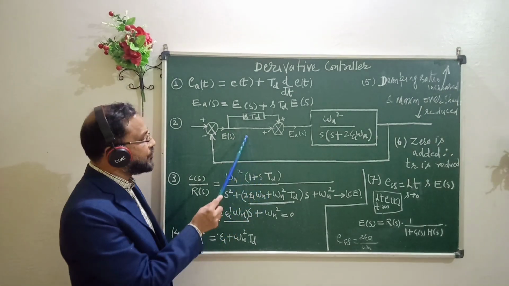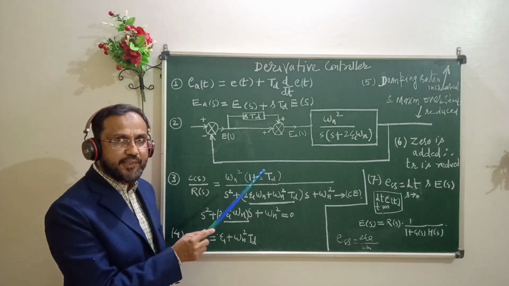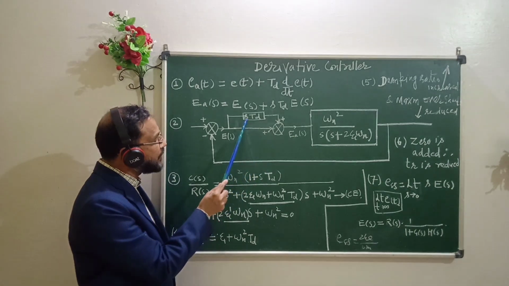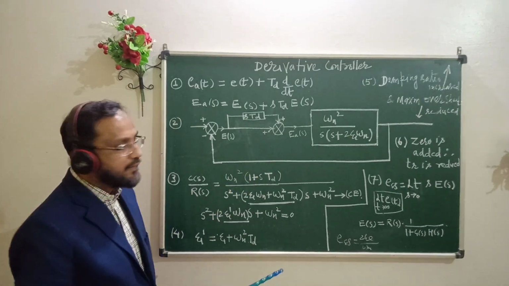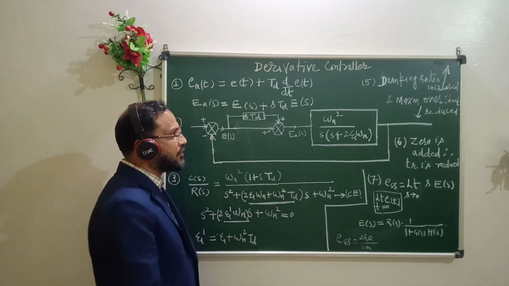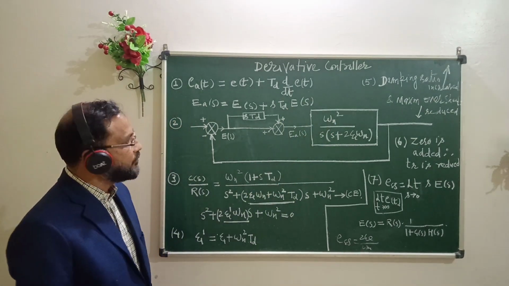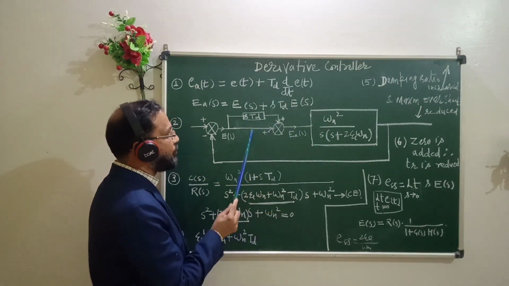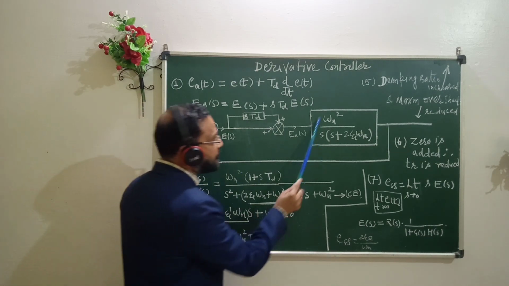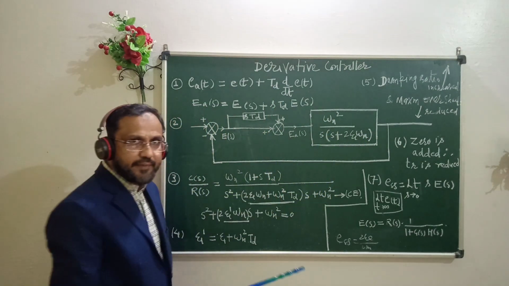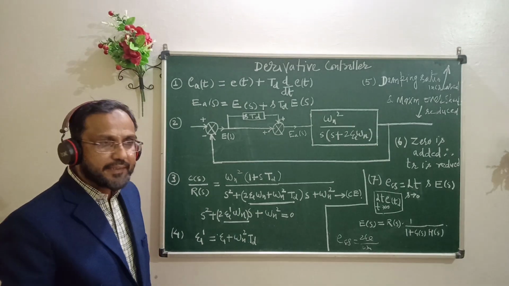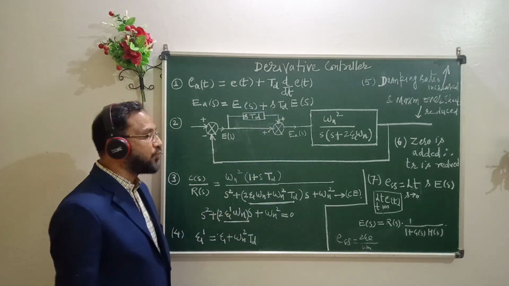Therefore, overall transfer function will be the summation of individual transfer function. It means 1 plus sTd. General transfer function of second order control system. You multiplied these two, 1 plus sTd multiplied by this block. This will act as a G(s), whereas H(s) equal to 1.